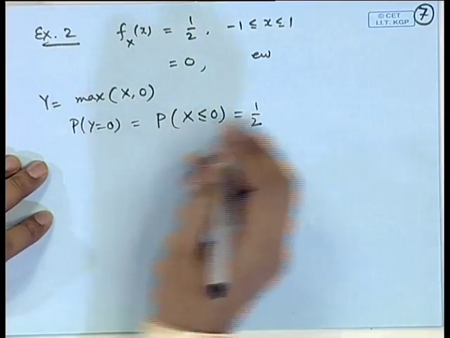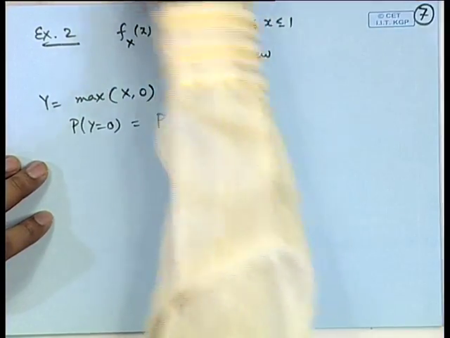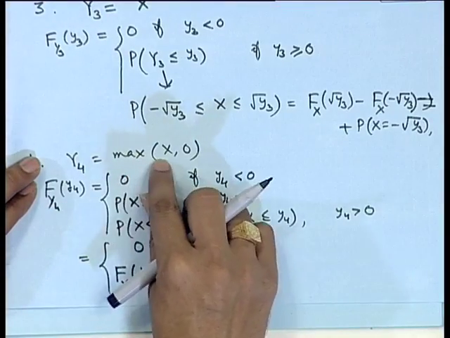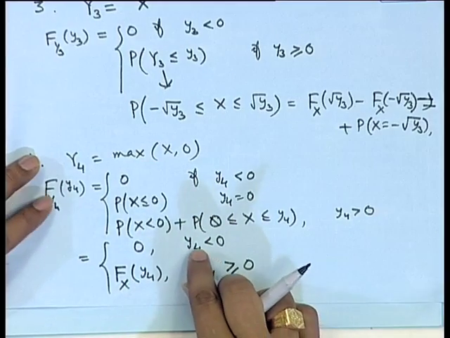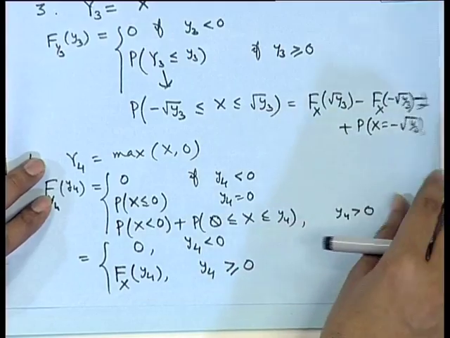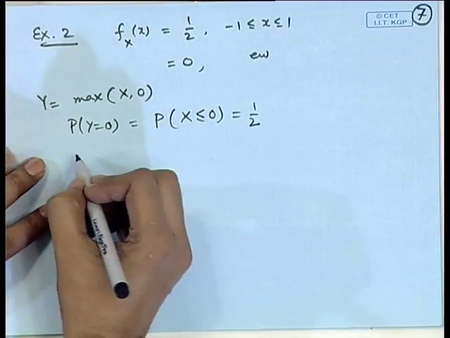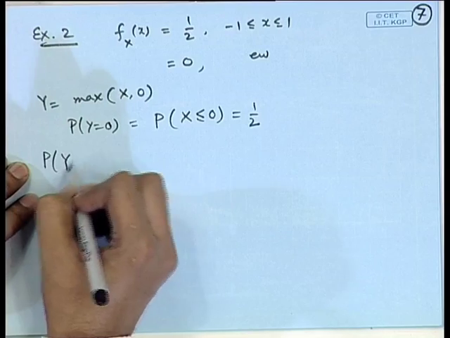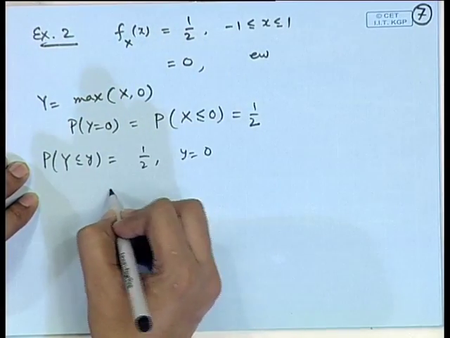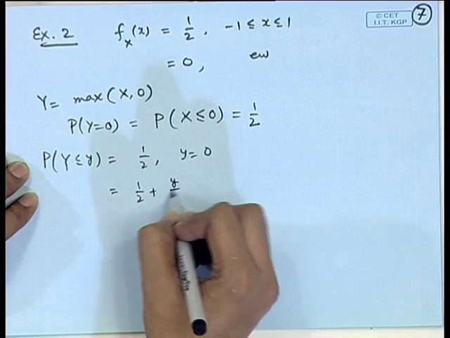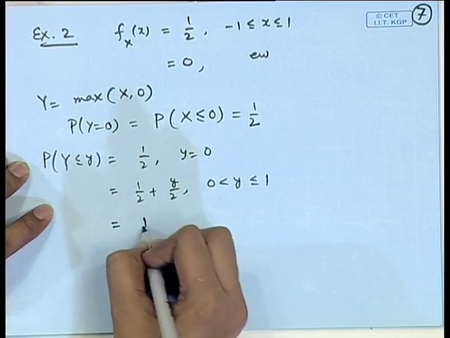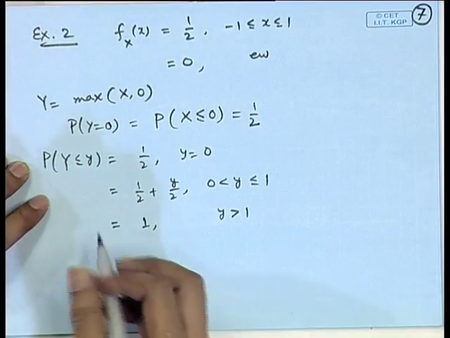So, in this case we can use the formula that we developed for the CDF of y = maximum of x and 0. For y less than 0 it is 0, and thereafter it is F of y. So, if we use this, probability of Y less than or equal to y is equal to half for y = 0, half plus y by 2 for 0 less than y less than or equal to 1, and of course, it is 1 for y greater than 1.